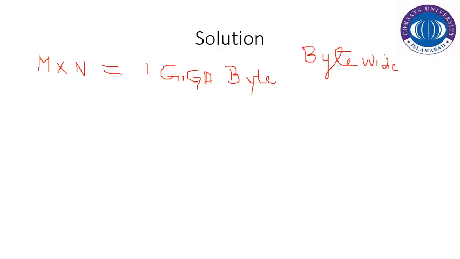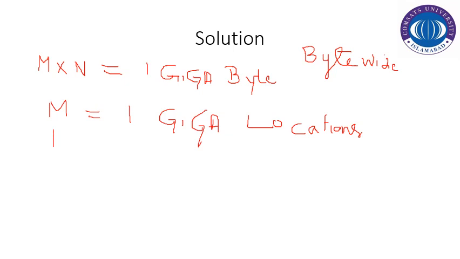The total number of locations in order to achieve this capacity is 1 giga location. So here we can say that M is equal to 1 giga locations, and N is 1 byte.